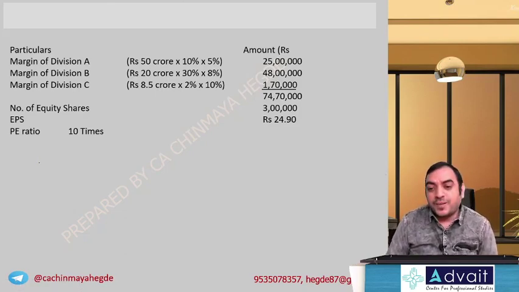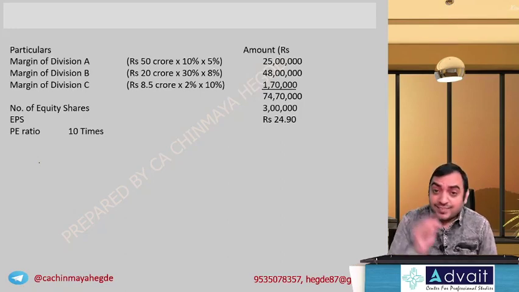Tell me how much expected market price you get. You get 249. 24.9 into 10, 249.